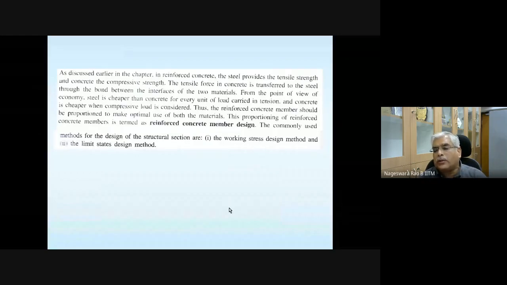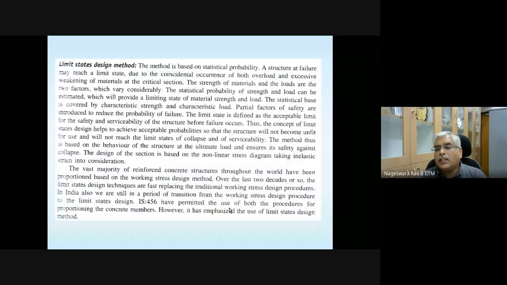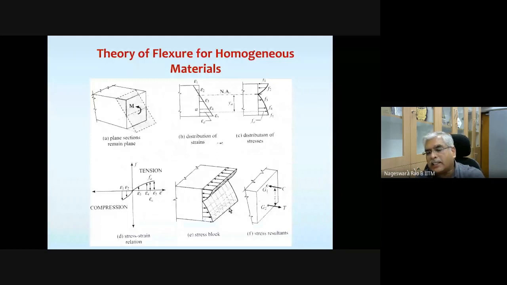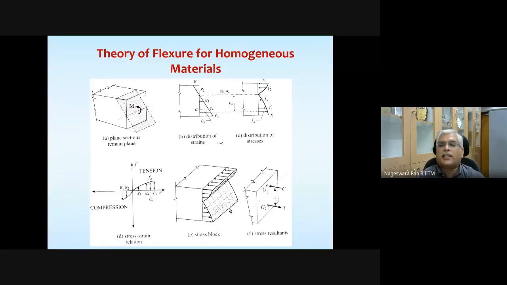Okay, so I think time is running out, and before I close, some details are there. You can go through it. I will share these slides with you. So in the next class, we are going to start with the flexural analysis of homogeneous sections or homogeneous materials.